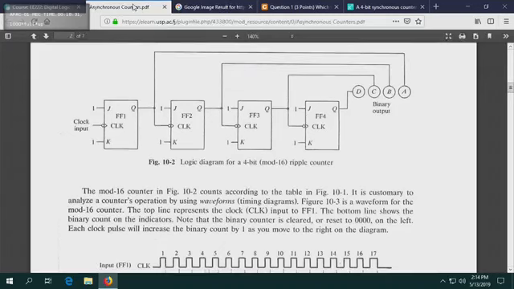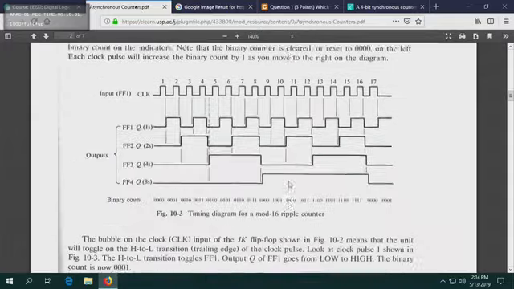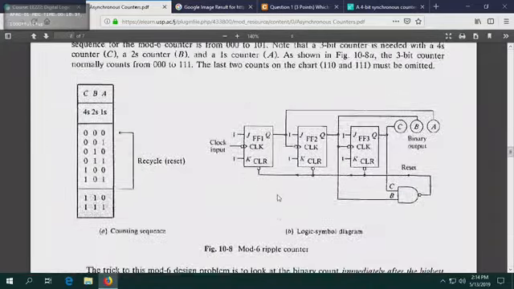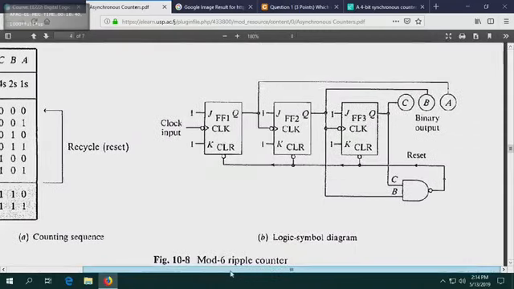All right, let's come here now. Now, let's have a look at this particular circuit here. Can you see in this circuit, we are using our clear line.